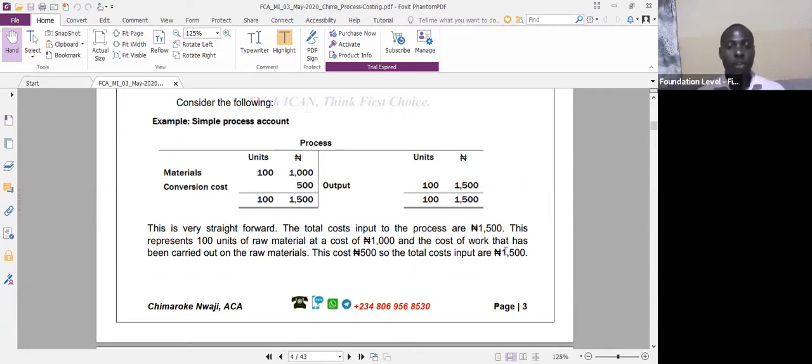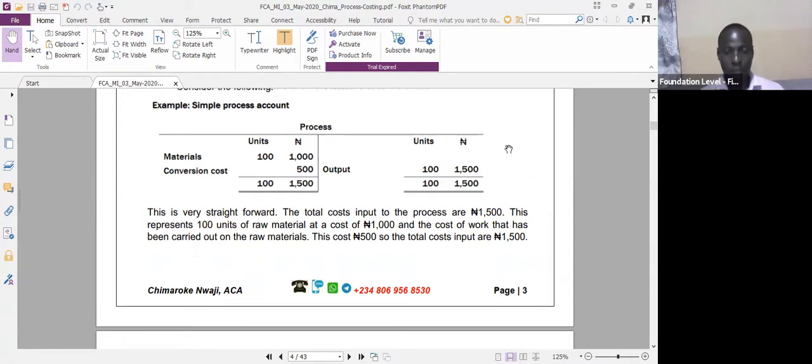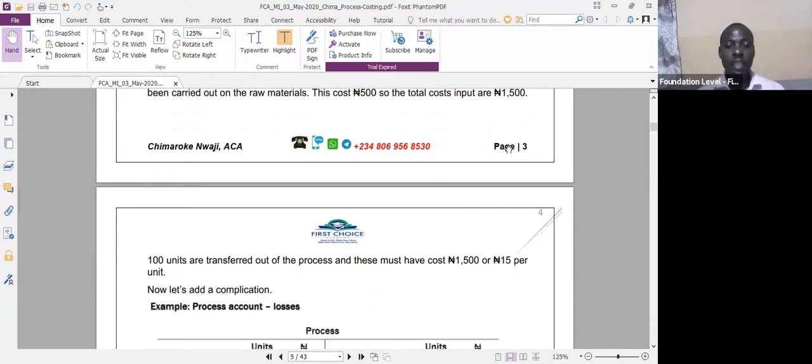If you look at it carefully, conversion cost does not have units. So it means that the units of materials, we are merely converting them into the final product. All the materials we had at the start entered the output. It's straightforward. Let's see another example.